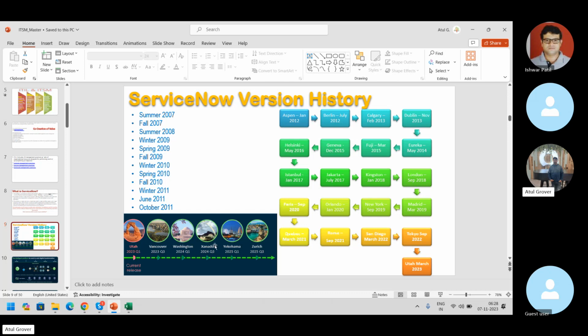By seeing up to Z, you can see what vision they are driving. Again, it's not a sales pitch, nothing. It's just experience and educational purpose that I'm sharing this information. By 2020-2025, they have a complete vision that we have to release these versions.